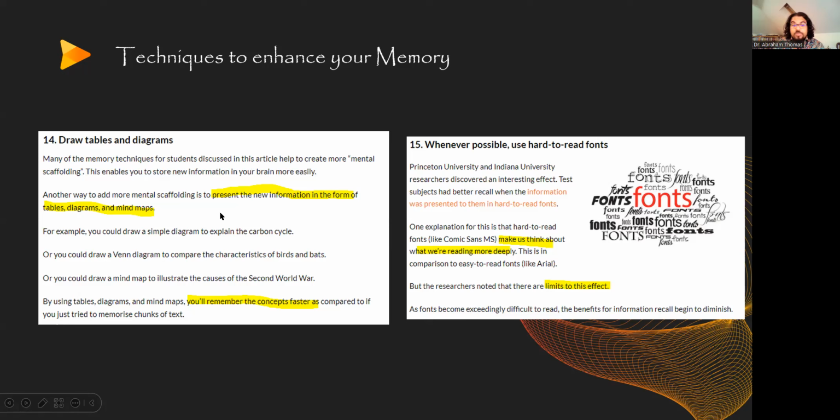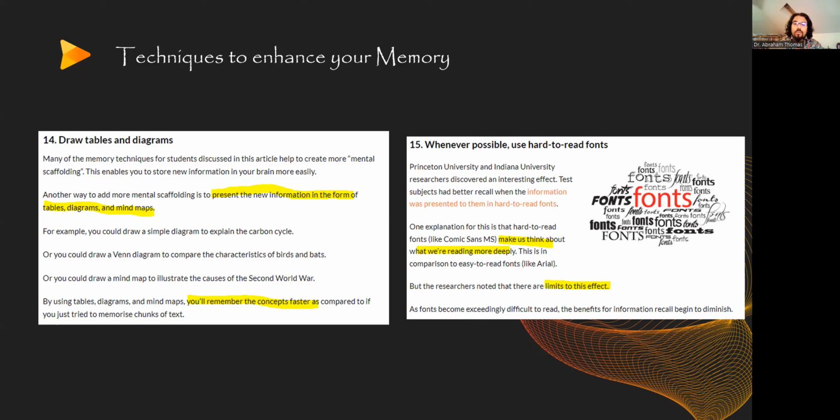Draw tables and diagrams, of course. So presenting the same information in a new form. So tables, diagrams, mind maps. Those are things that I particularly didn't use a lot of in med school. And now I'm finding it's a really good visual tool, particularly when there's a big project and you have to think about multiple elements, to stop subdividing that in your mind and having an idea and then splitting it off and then recategorizing things.